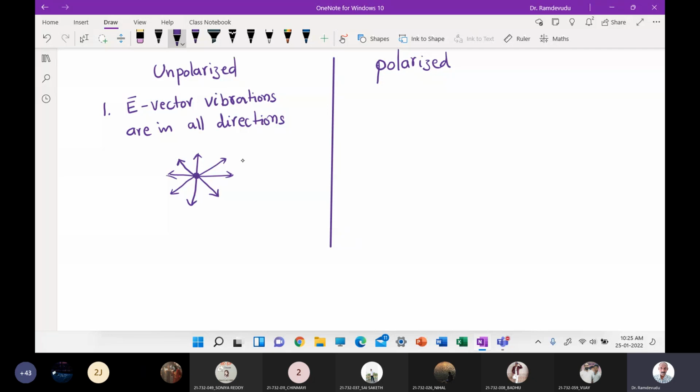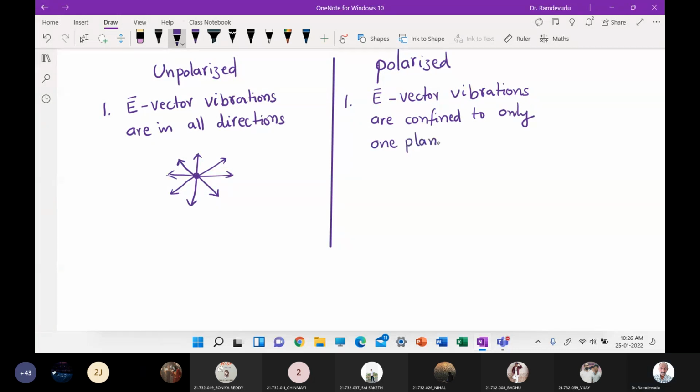But in case of polarized light, the E vector vibrations are confined to only one direction, one plane, or a few directions.